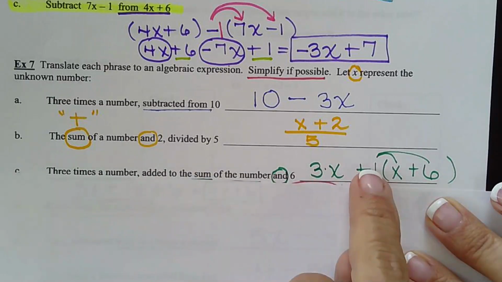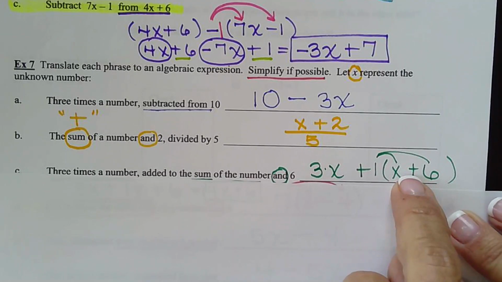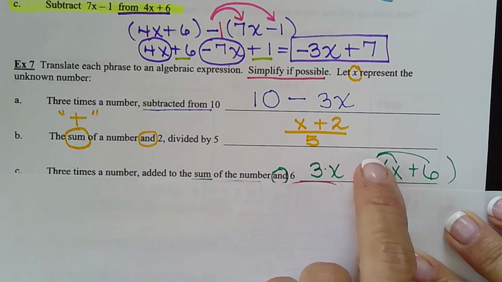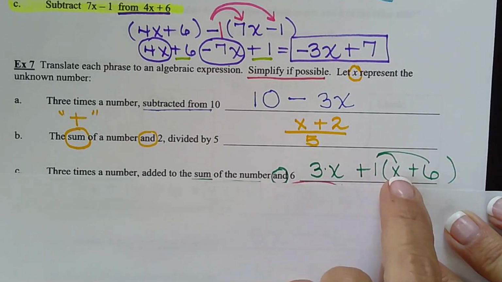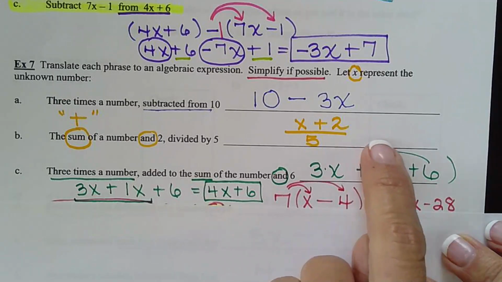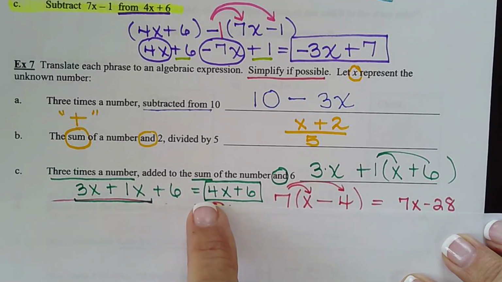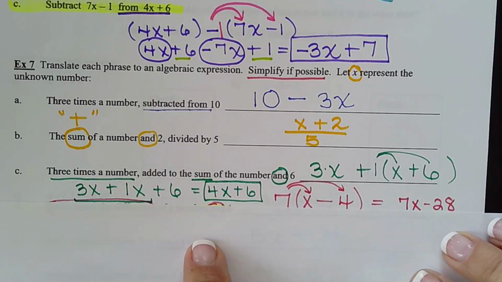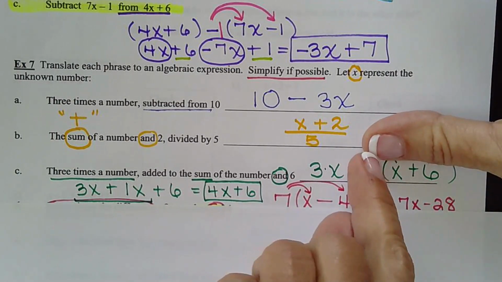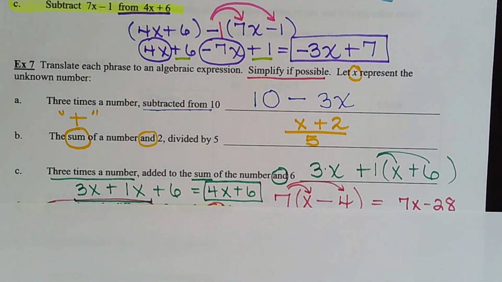So added 2 plus sum means you have a quantity in parentheses with an addition sign. And then when we go to simplify, 1x plus 6, so we have 3x plus 1x plus 6. 3x plus 1x is 4x plus 6, which should be your final answer for that. But like I said, on ALEKS, you would just write this because it just asks you to translate. So 3x plus parentheses x plus 6.